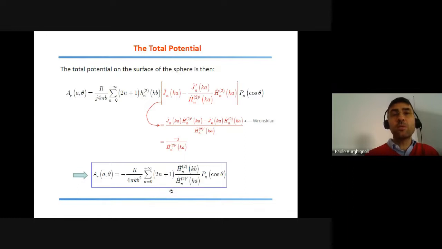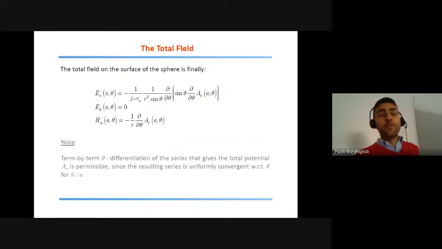This is the total potential, from which you can find the total field by using the standard relations that give you the fields in terms of the bipotentials. And those relations are reported here for this particular case. They are particularly simple, and they involve differentiations with respect to the angular variable theta.